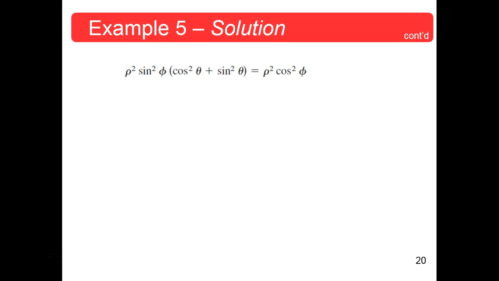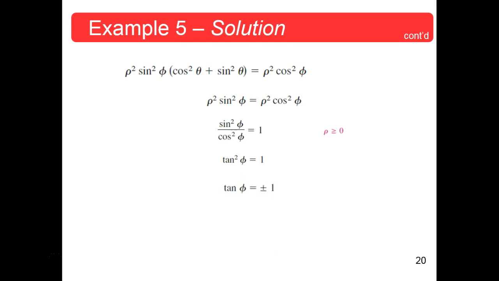And so you basically have sine squared phi is equal to cosine squared phi, or sine squared phi over cosine squared phi is equal to 1, as long as rho is greater than 0, which of course it always is. So tangent squared is equal to 1. Pretty simple, coming down to that.